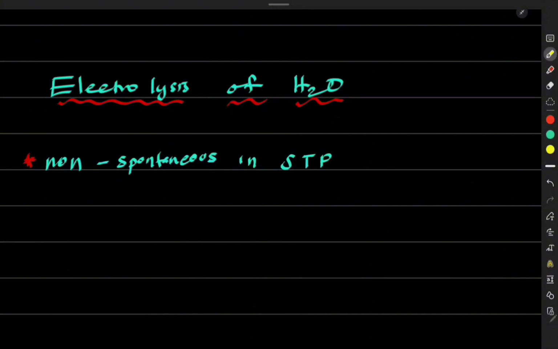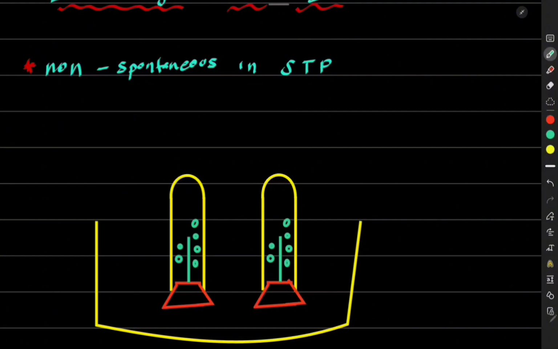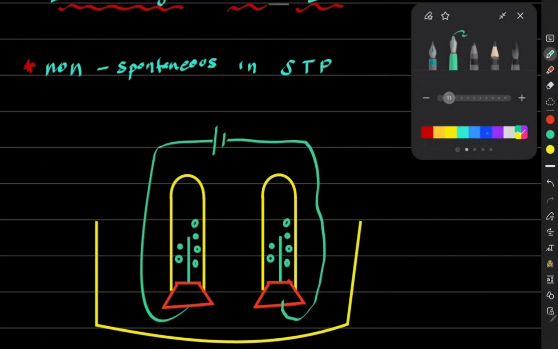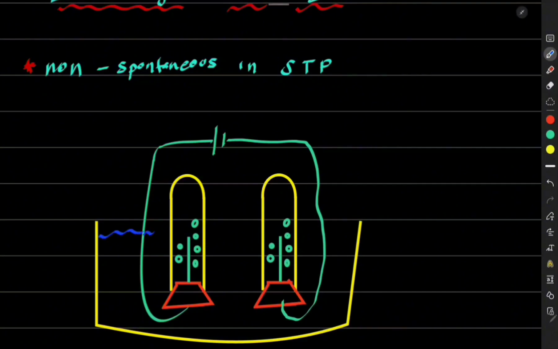Now let's look at the experimental setup of electrolysis of water. This is the setup, and this green color is the conducting wire, which is connected to an electrical source. And this is a solution of diluted sulfuric acid, H2SO4.